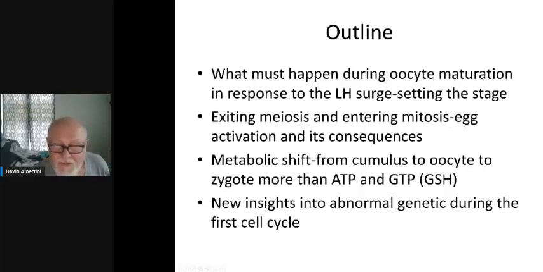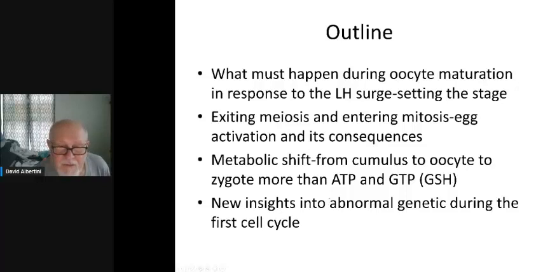And what happens is the egg, the oocyte, has to be instructed to become a zygote, a role that is attributed in normal fertilization to the entry of the sperm. And there are consequences to both the coordination of the timing from a cell cycle perspective, but also from the perspective of egg activation.